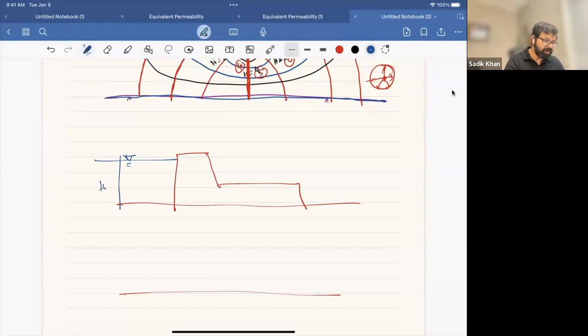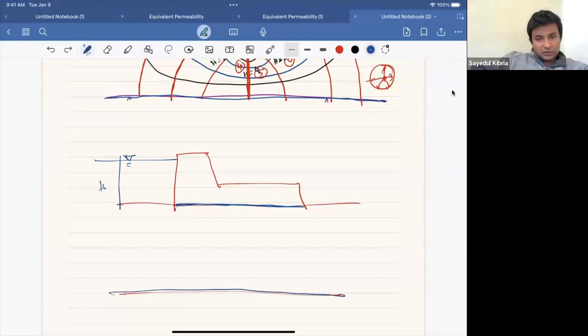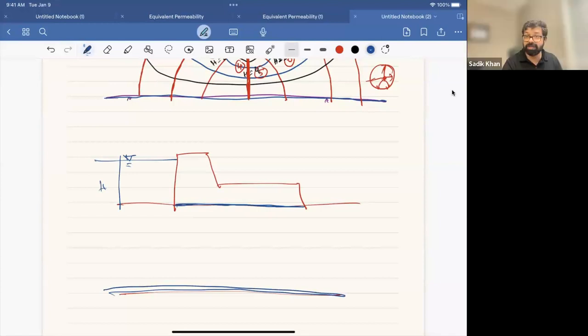Now, how does our flow line look like? So here's the water. What is our first flow line? To the surface. Our first flow line is here. Our last flow line is at the base. So those are our flow lines.